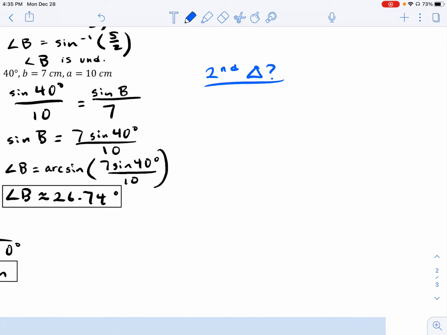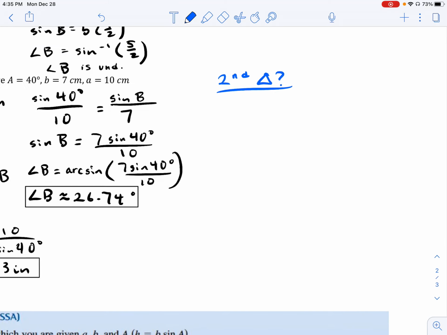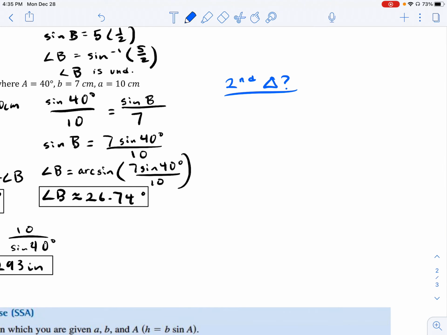So listen carefully. If a second triangle exists, the way that would occur is if the supplement of the angle that we first found, the supplement of the first angle we found, leads to a valid triangle.